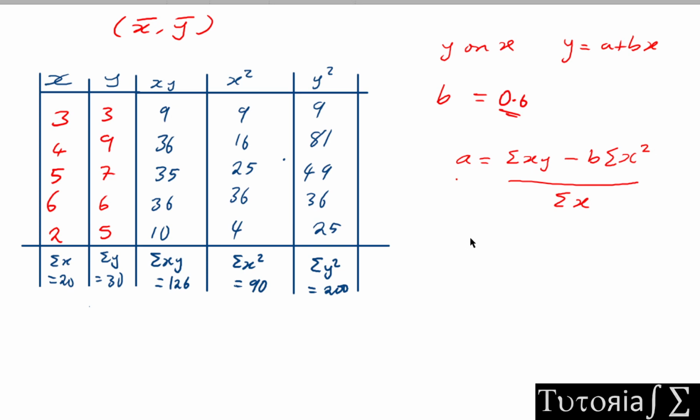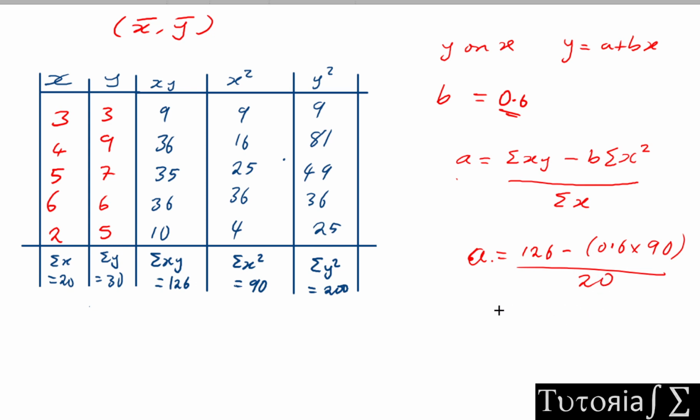So a will be equal to summation of xy, which is 126, minus b, which is 0.6, times summation of x squared, which is 90, divide by summation of x, which is 20.